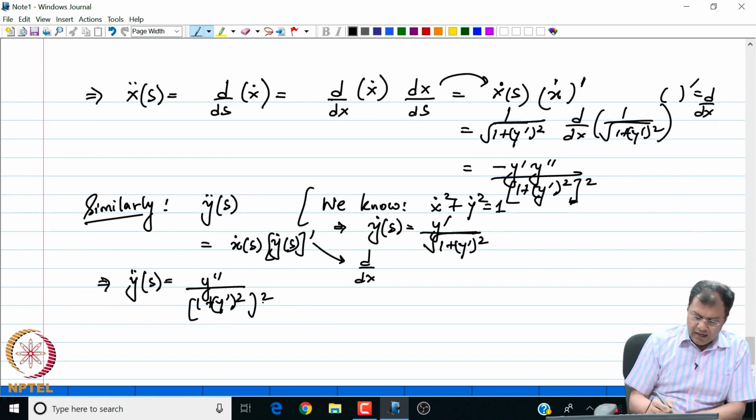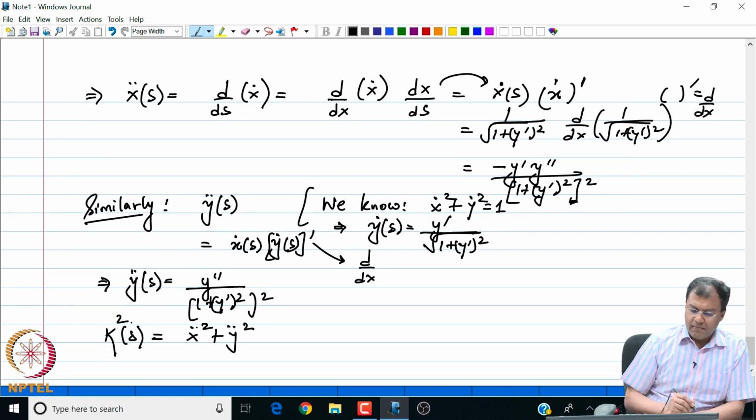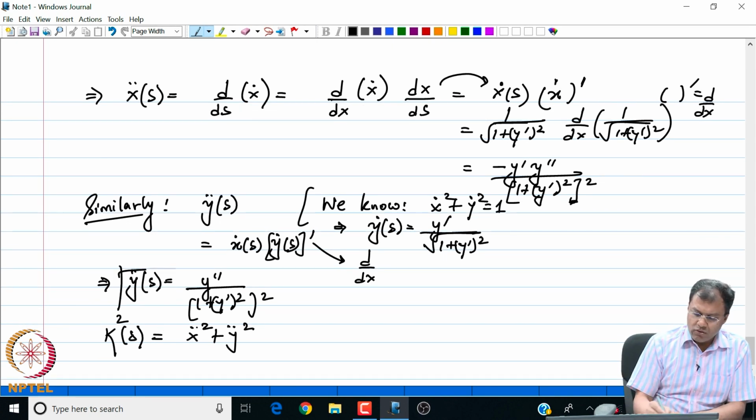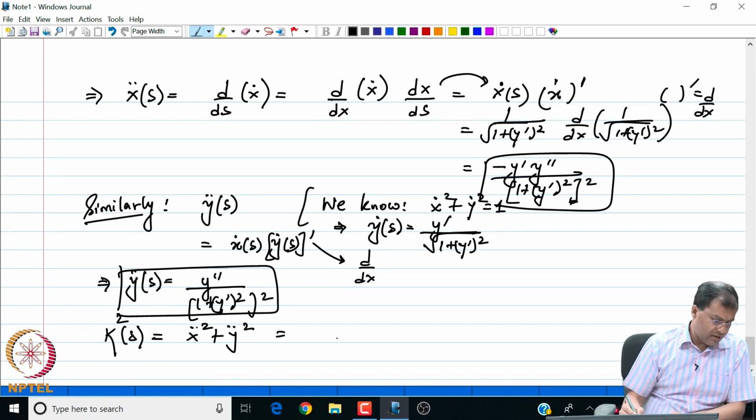Okay. So finally my curvature kappa of s is x double dot square plus y double dot square, let me call this kappa square. Then we use these two expressions that we have just derived, and after plugging in all the values, I get that this is equal to y double prime square divided by 1 plus y prime square to the power 3.